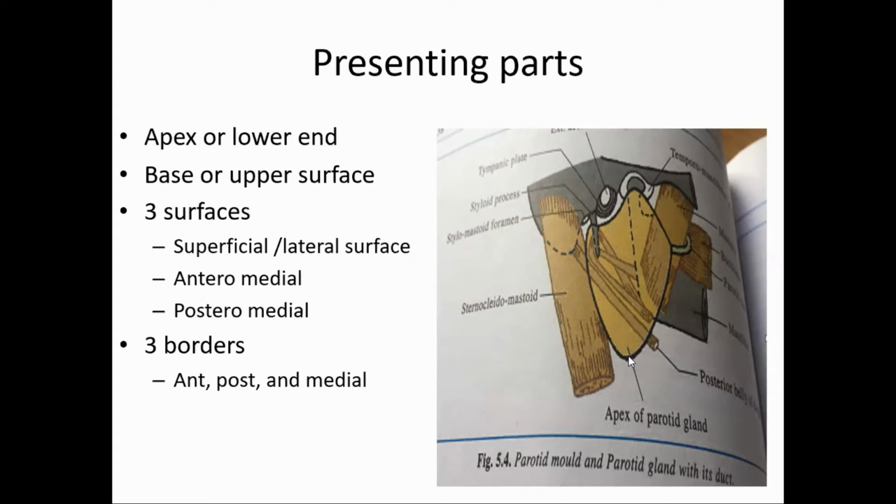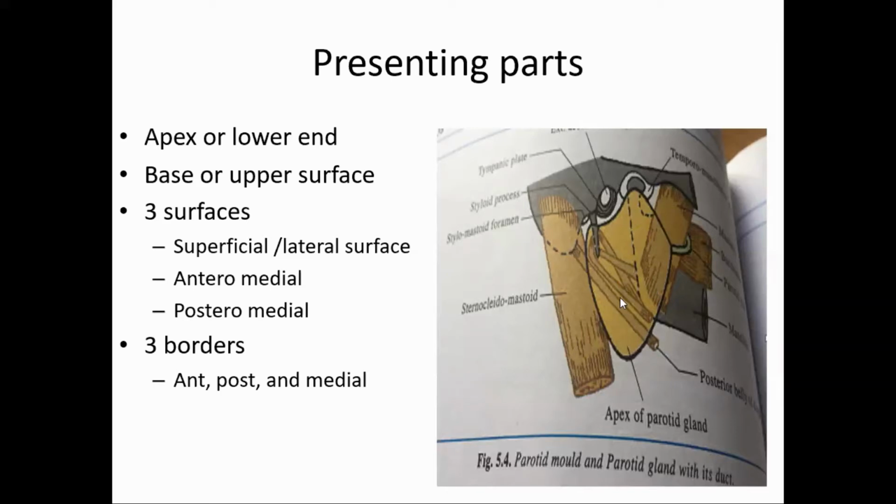It has three borders. The anterior border is towards the mandible. Towards the sternocleidomastoid muscle is the posterior border, and in the middle of the parotid gland is the medial border. So it has three borders: anterior, posterior, and medial, and three surfaces.